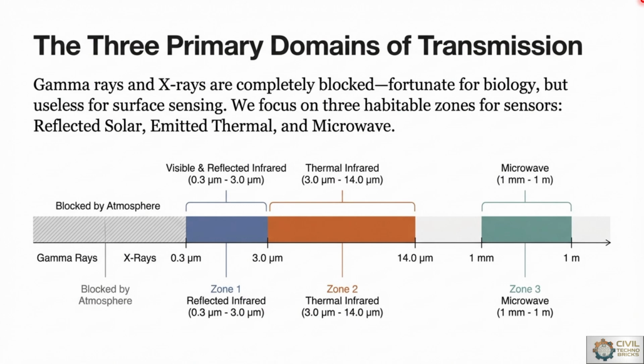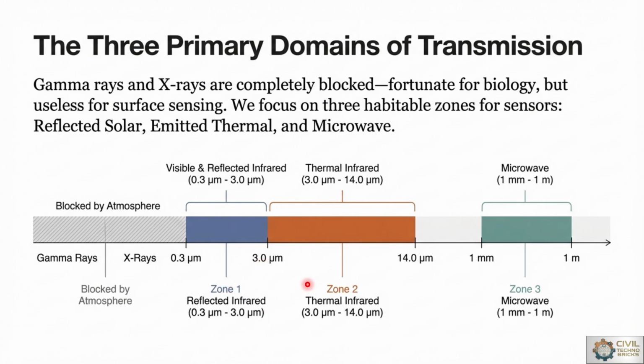Next, the important topic is the three primary domains of transmission. Here the electromagnetic radiation is divided into gamma rays, X-rays, then zone 1, zone 2, zone 3. Zone 1 is reflected infrared, zone 2 is thermal infrared, and zone 3 is microwave, where visible, reflected infrared and thermal infrared are marked with reference to microwave.